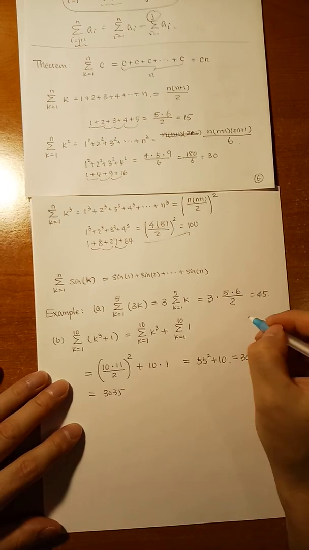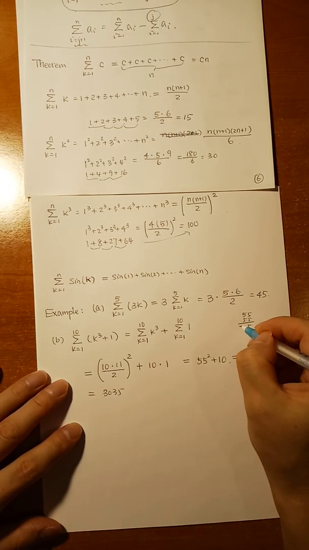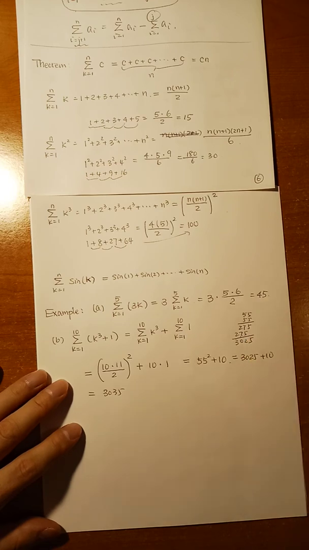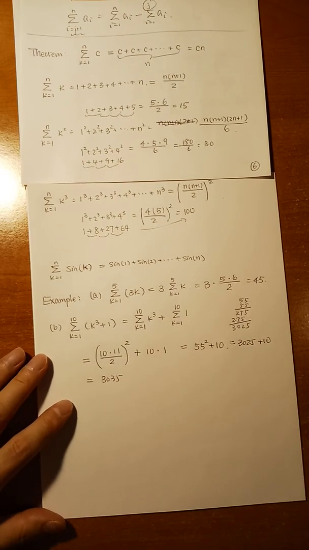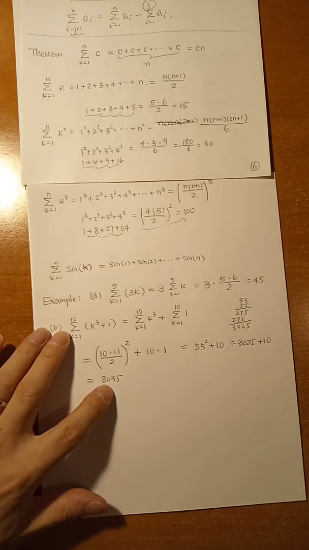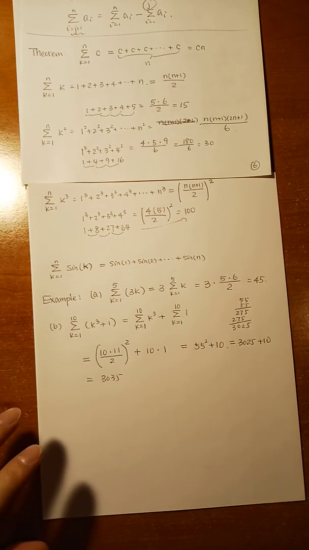Well, let's compute 55 times 55. It's 3025. Yeah, it's good. So it's 55 squared plus 10, 3035. So the answer is 3035.